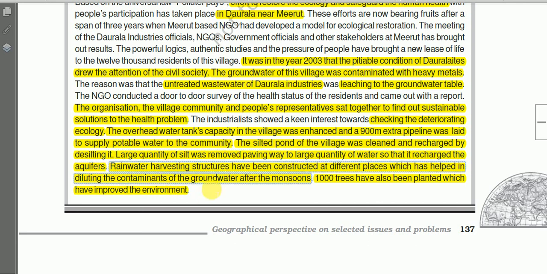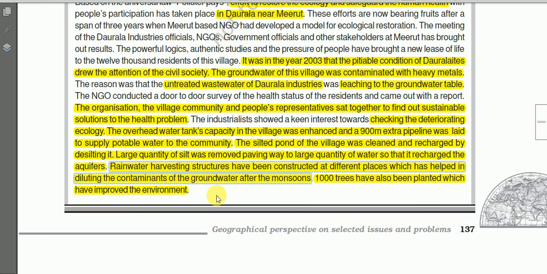Rainwater harvesting structures have been constructed at different places, which help in diluting the contaminants of the groundwater after the monsoons. You must recall the percolation tanks.